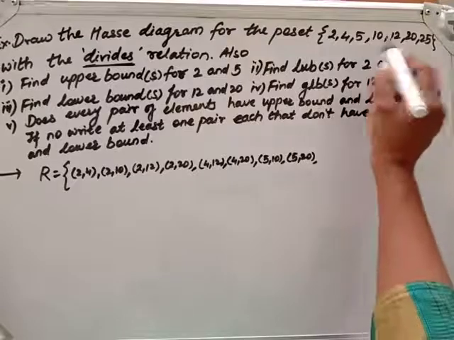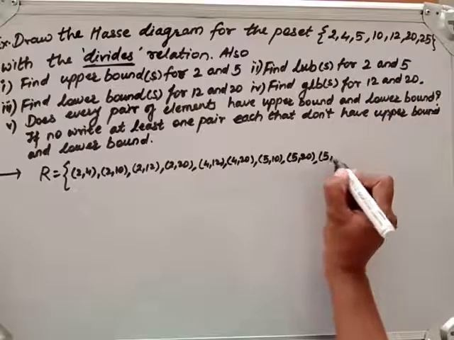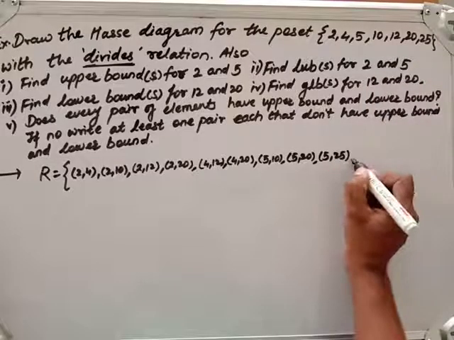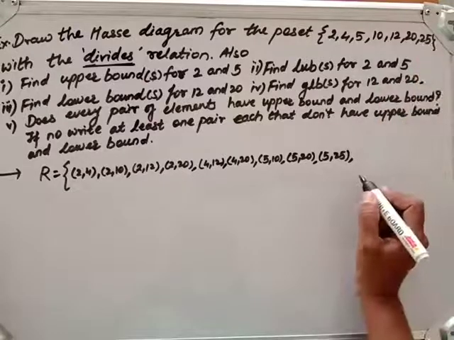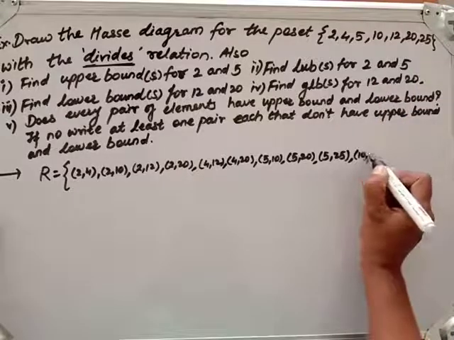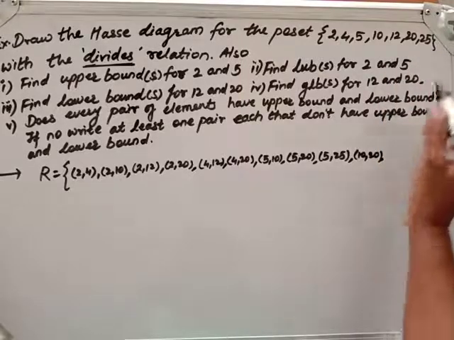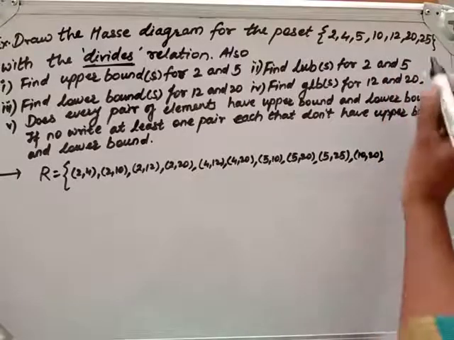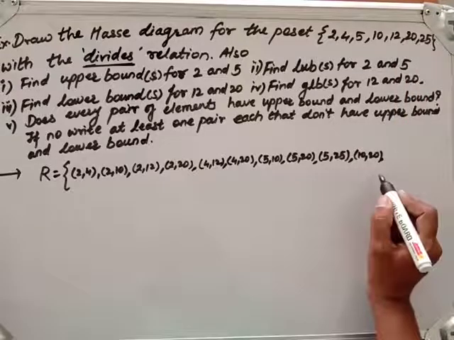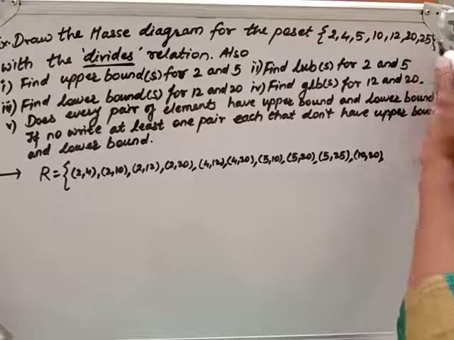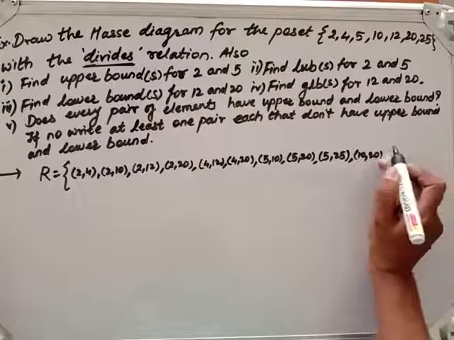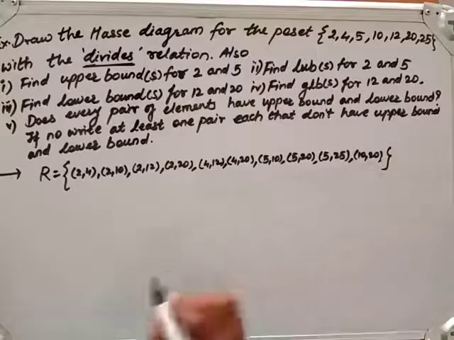Okay. Now 5 also divides 25. Now 10 doesn't divide 12, but 10 divides 20. Now 10 doesn't divide 25 also. Now 12 doesn't divide 20. 12 doesn't divide 25, and 20 doesn't divide 25. Fine. So these many pairs are there.